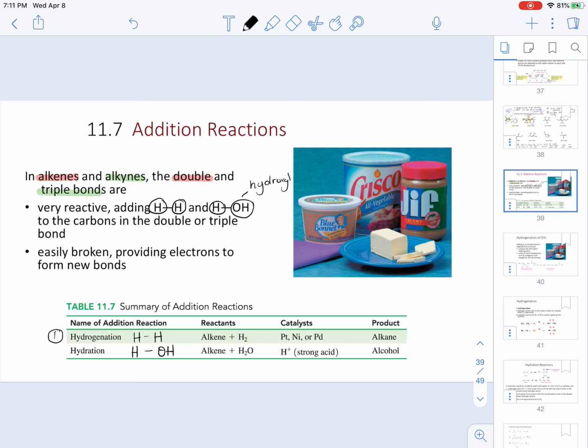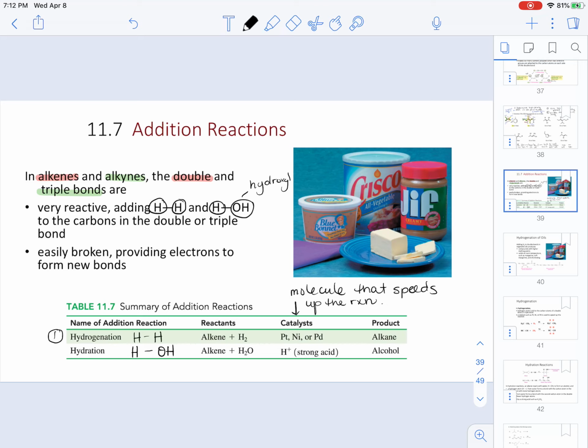As you can see, both of these reactions are going to need catalysts, and as we explored previously, a catalyst is going to be a molecule that speeds up the reaction, and understand that that is their whole job.